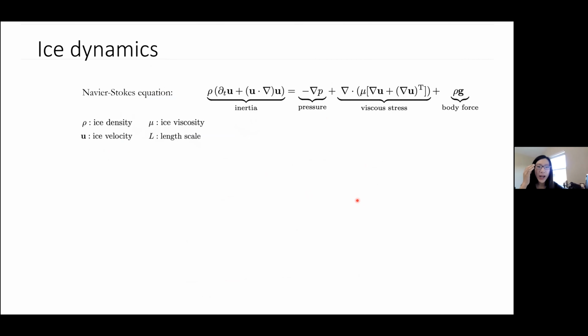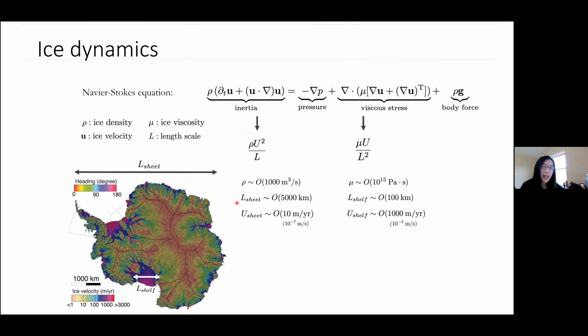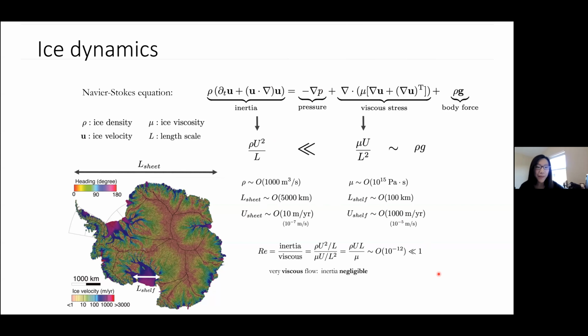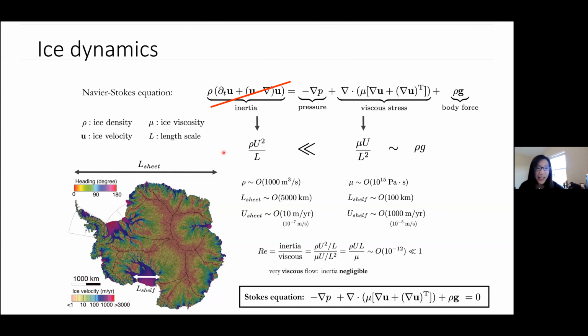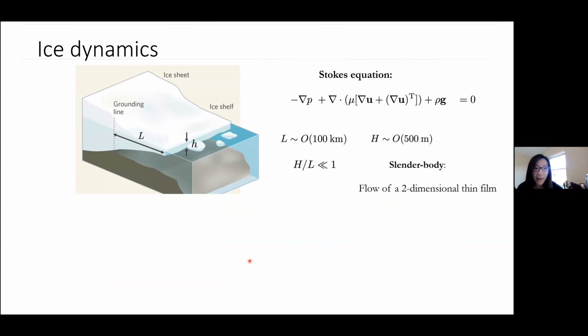So when we write down the equations for ice, we start with the Navier-Stokes equation. If we estimate the magnitude of the terms in the equation, we find that, based on the velocity and the length scale of ice shelves, the inertial terms are much smaller than the viscous terms. So in ice dynamics modeling, we can completely ignore the inertial term and obtain the Stokes equation.